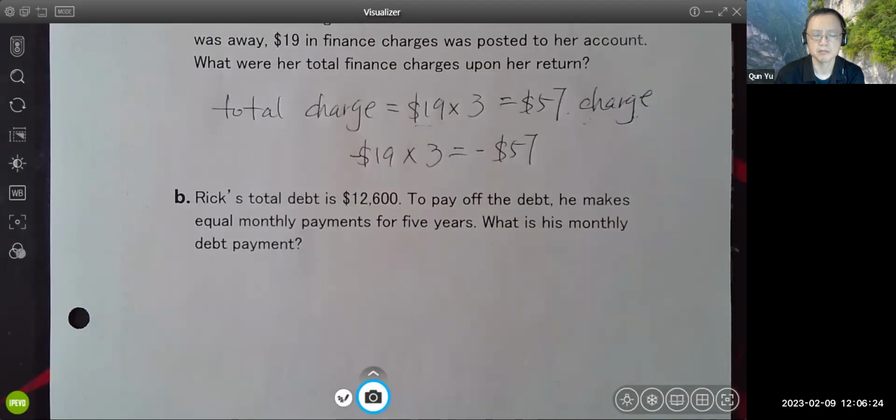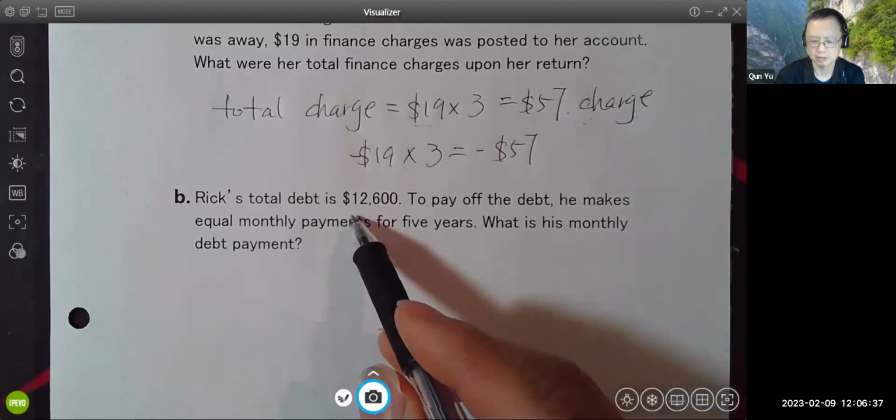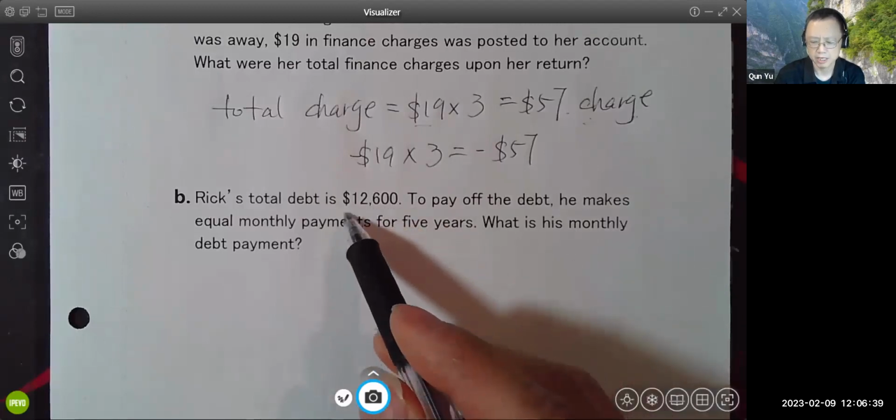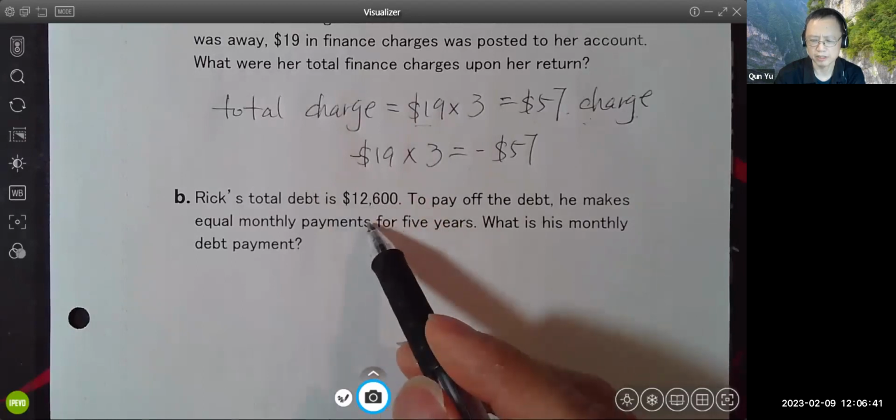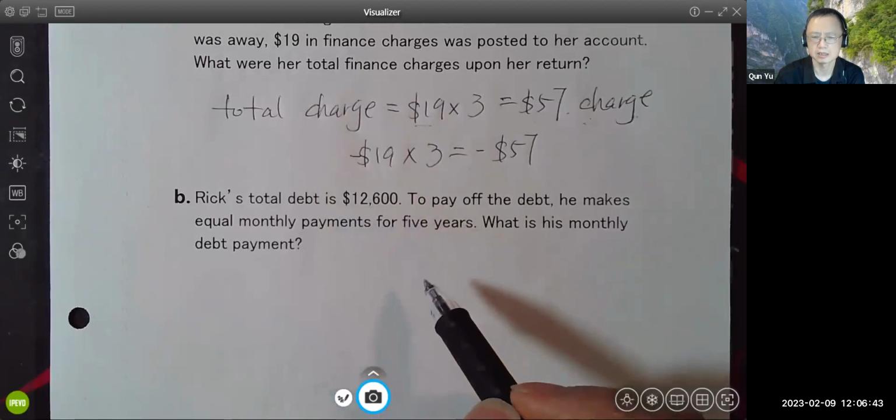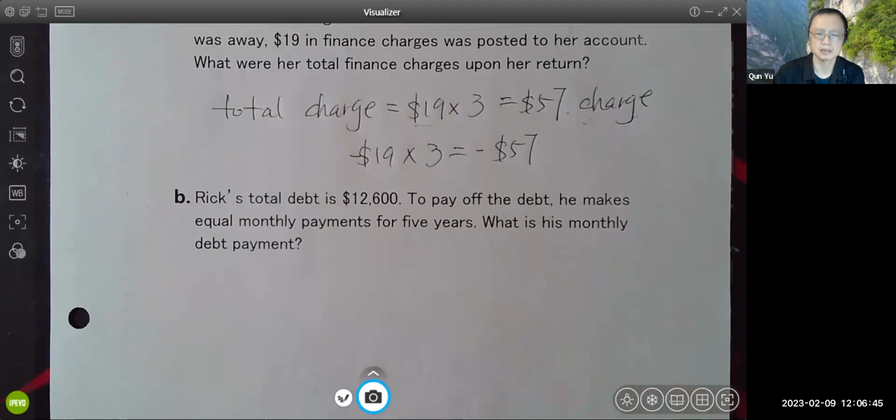Question, what is his monthly payment? So he keeps doing this monthly payment for 60 months. We want to find the amount for each month. So basically, from common sense, you split this $12,600 total debt among those 60 months. We want to know how much each month, right?